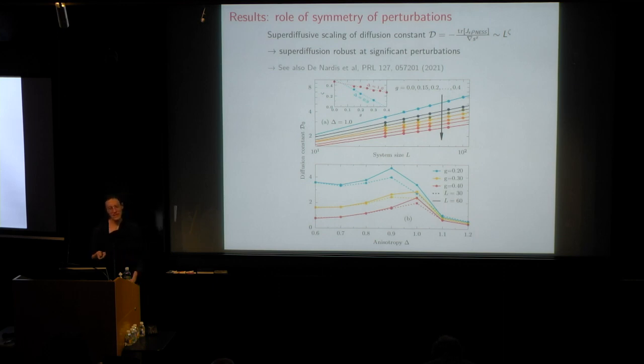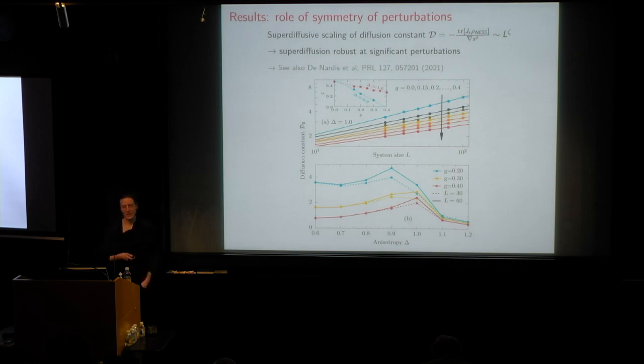Indeed, in this case, as written in the inset, the exponent depends on the perturbation strength and also the anisotropy, and is the universal KPZ 3/2 only in the absence of perturbations, but then it's smaller.